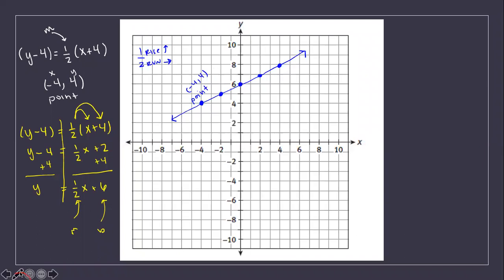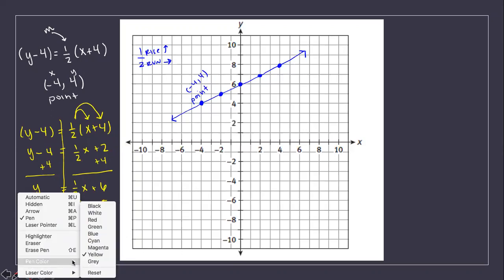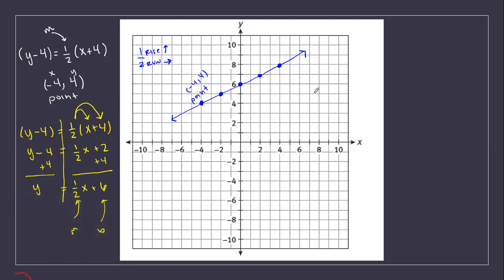Okay, then go ahead. Let me use a different color. I don't know how well it's going to show up on the screen over there. Go ahead and change this equation into a y equals equation. So go ahead and simplify this so that we're isolating the y variable.